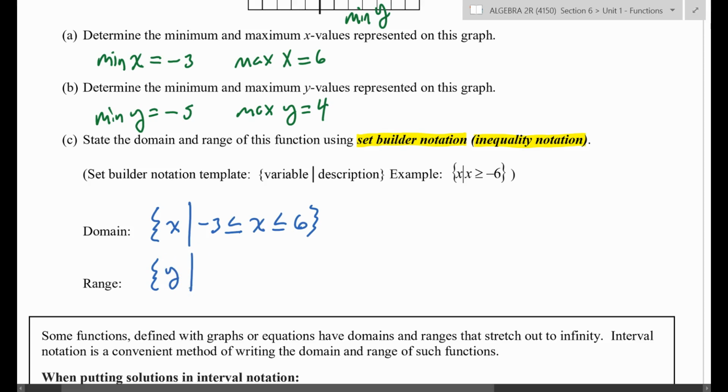This is where people are going to make this mistake because they're not paying attention. Ready? Here's the mistake. When you write domain, you always write it from least to greatest, furthest left to furthest right. When you write range, you always write it from least to greatest, furthest down to furthest up. So I'm going to write what? -5 to 4. What variable goes in the middle? The Y.